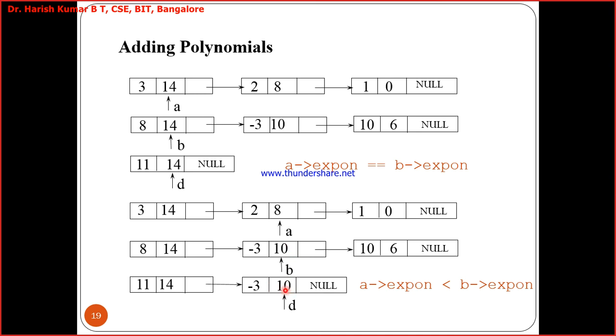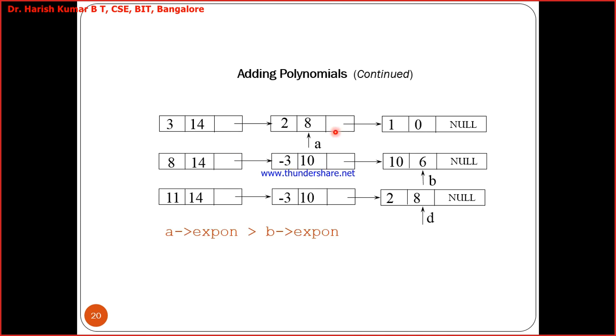We only increment b, and the pointer of the first polynomial still points to this node itself. a will be pointing here itself, and we just increment only b, and b is made to point to this. Now my resultant polynomial is this till now. Observe, a is still pointing here only, and b is incremented.